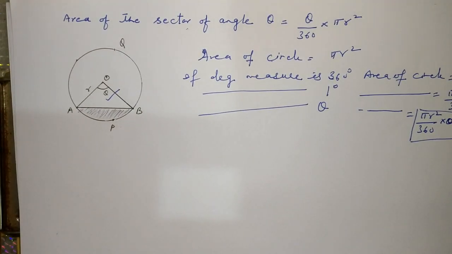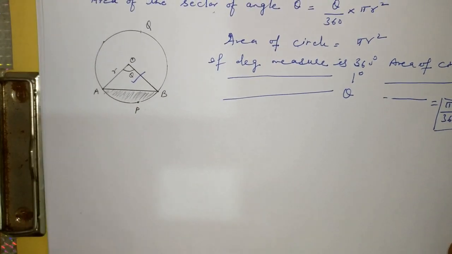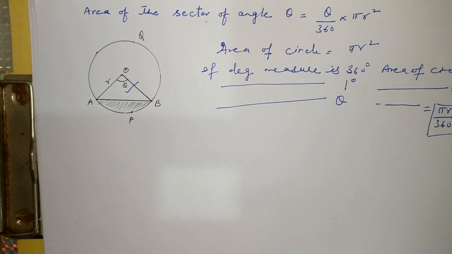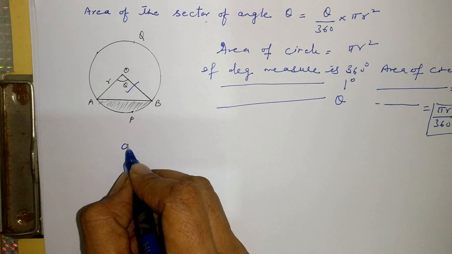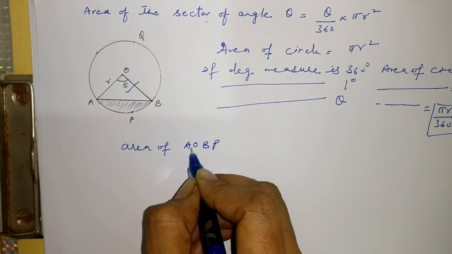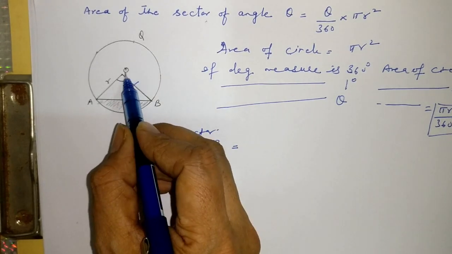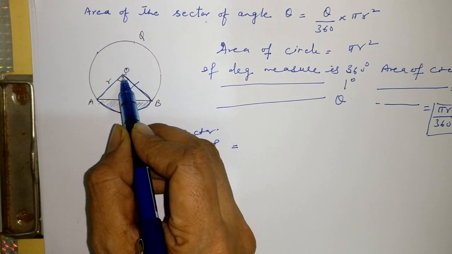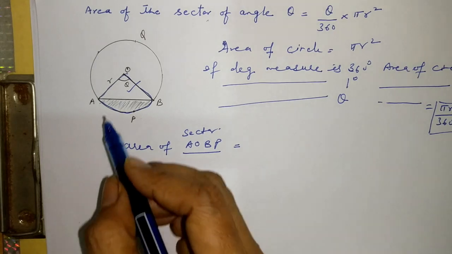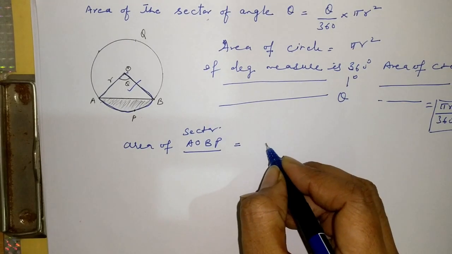Now, the next thing in the continuation: when we are talking of the area of the sector of a circle, we are talking of the area of AOBP. This is sector AOBP, that is, I am talking of this part. Now, if we have been asked to find the area of the segment, which you can see is the shaded portion, then how will we find it?